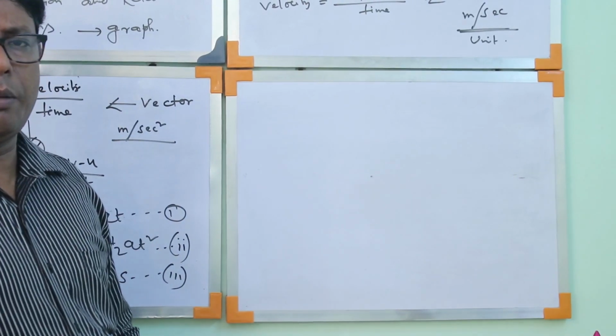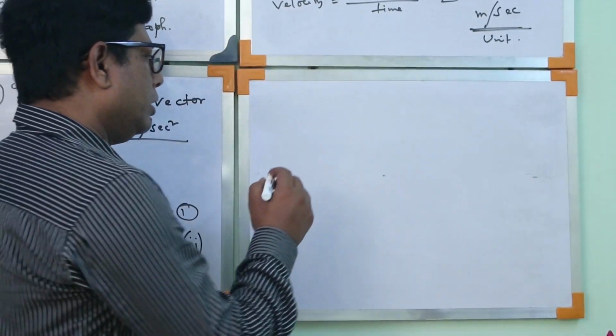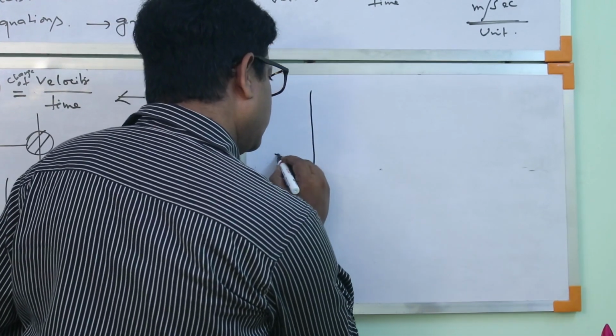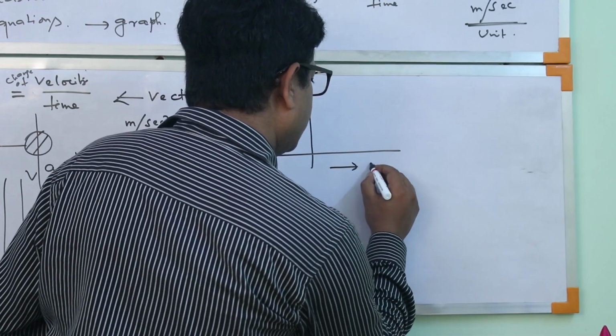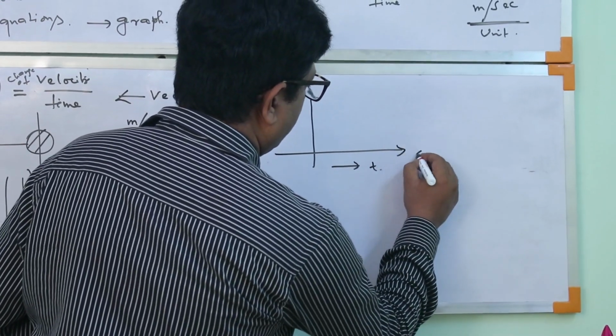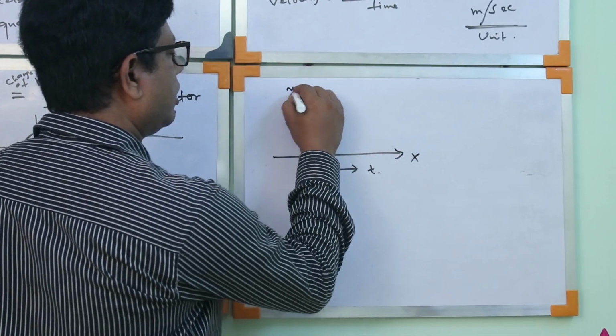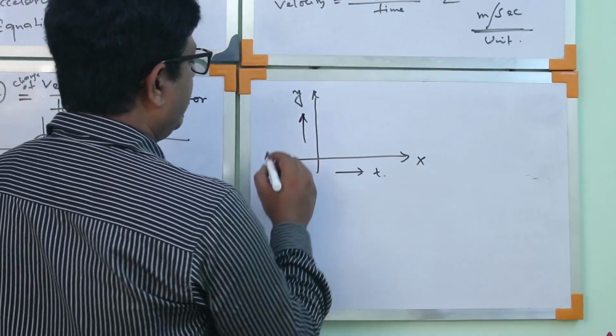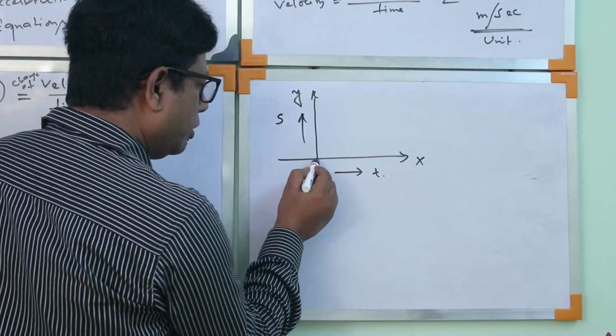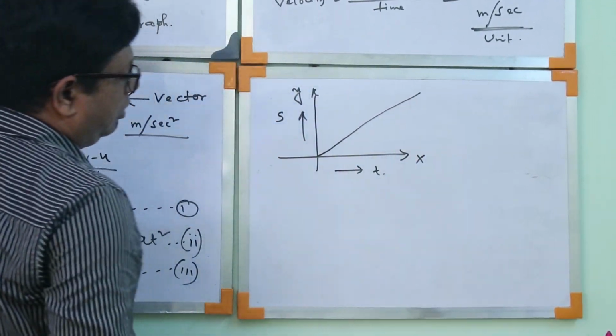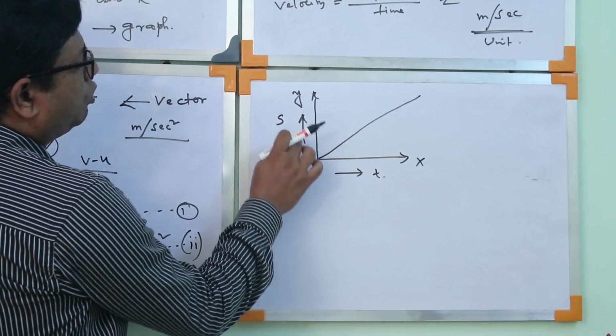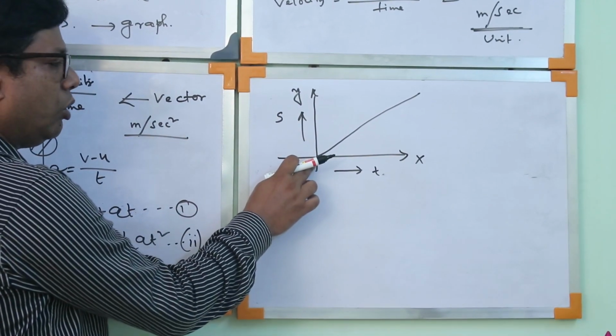Next we are interested in the graphical representation. So this is the time axis, x axis, and this is the y axis. Suppose this axis represents displacement s. So this curve indicates at time t equal to 0, displacement is equal to 0.